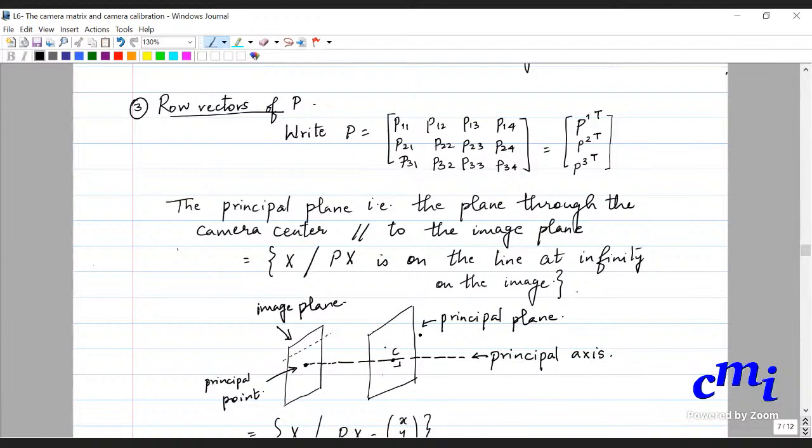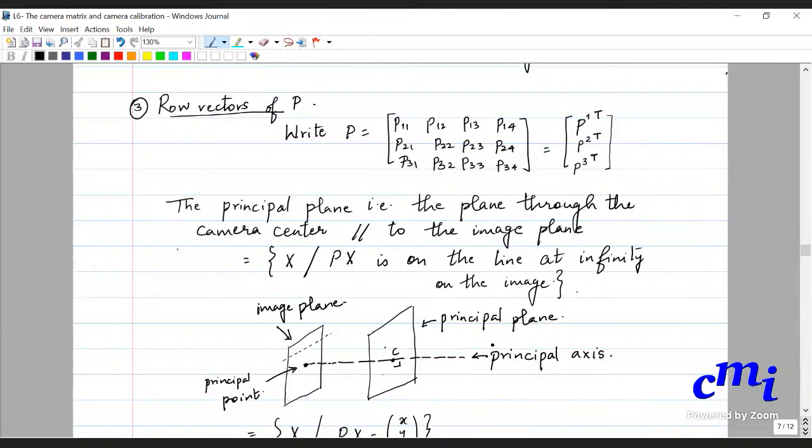In particular, with respect to the principal plane, the world space is divided into three parts: points that lie on the left side of the principal plane, points that lie on the principal plane, and points that lie on the right side of the principal plane.